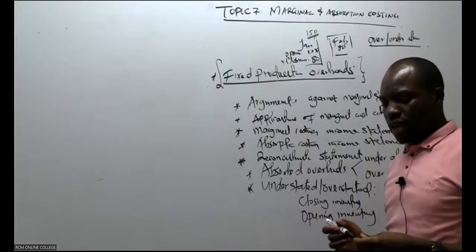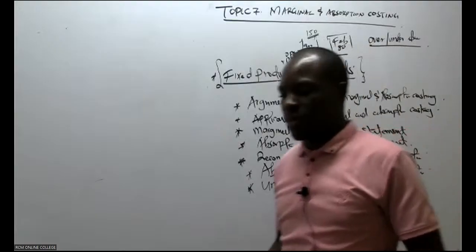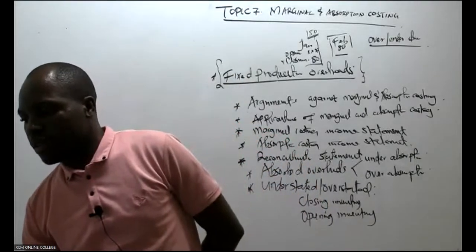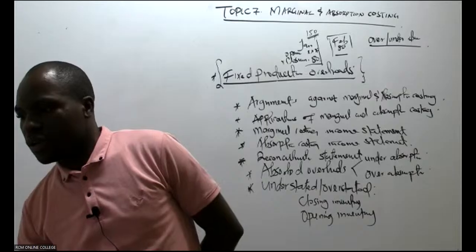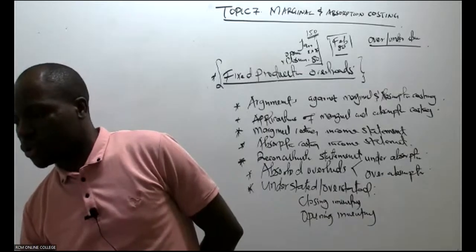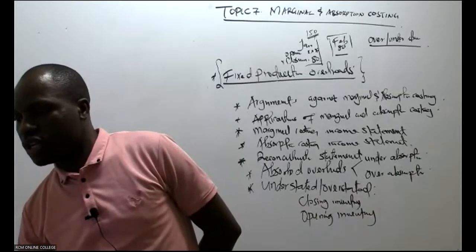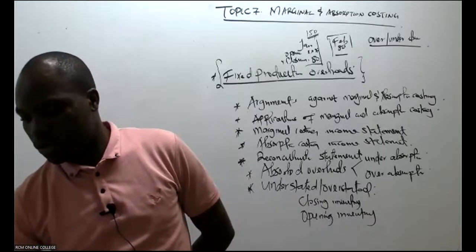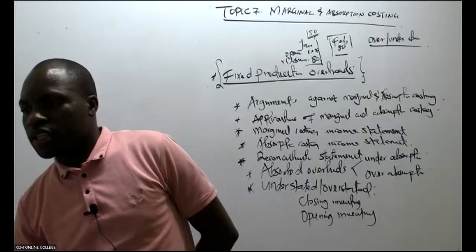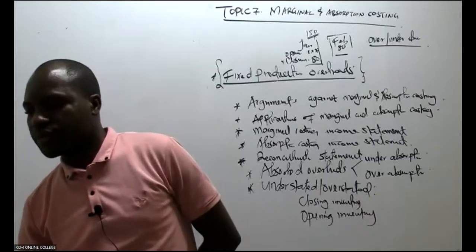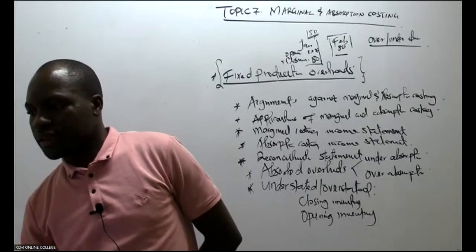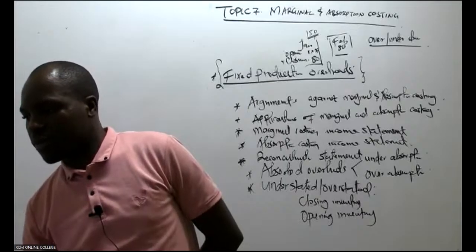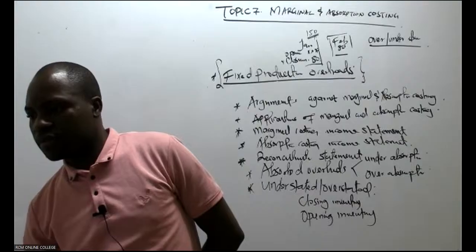So let's get to our LMS where we have the notes for this particular topic. Then we should be able to see what is going on there. What do we need to know in terms of theory? So let's get to the platform.